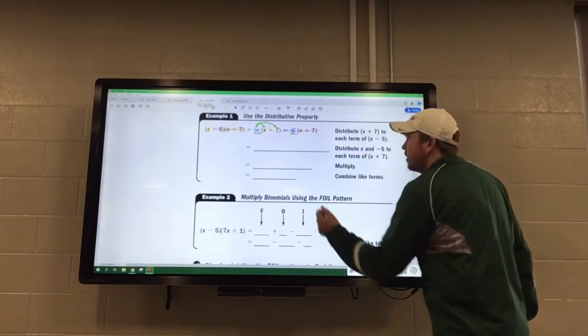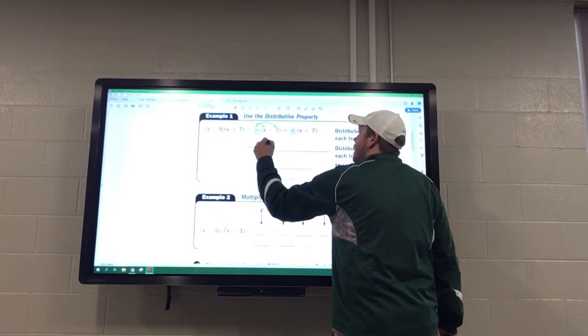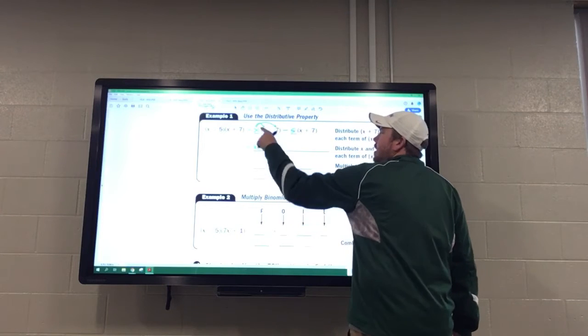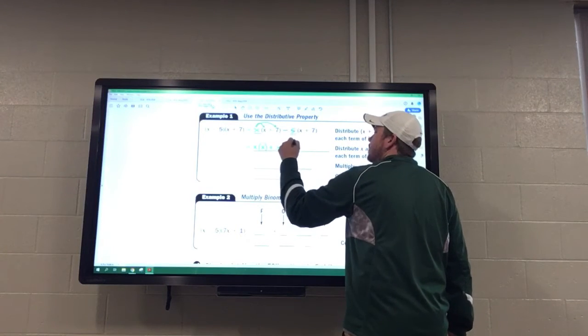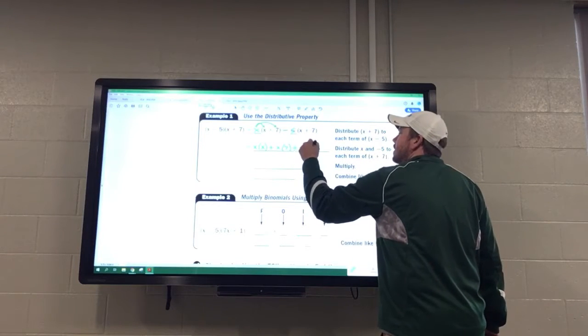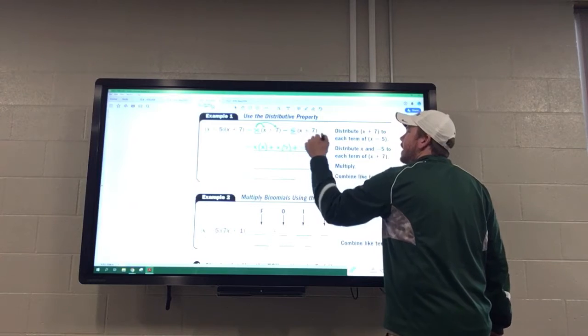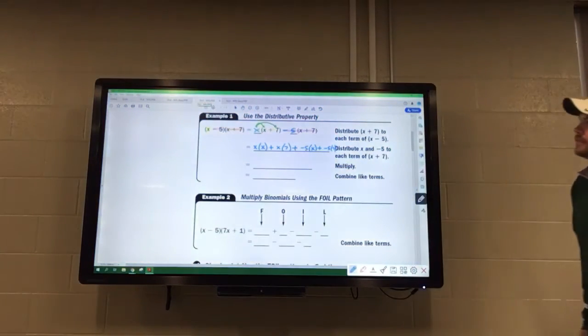So we need to do x times x plus x times 7 plus negative 5 times x plus negative 5 times 7. We're almost running out of room.